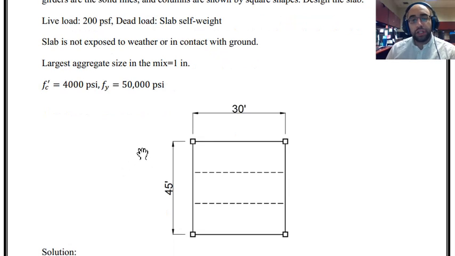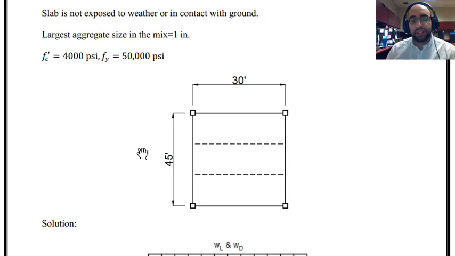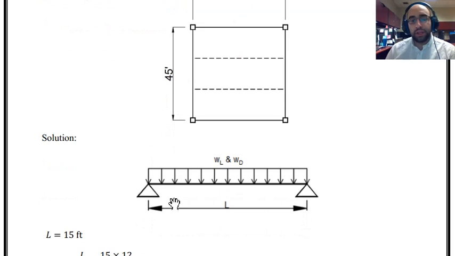So what I need to do at first is to understand the amount of demand that I have in this situation. So far, we learned that there are some analysis methods that we can use based on the ACI code. And in this example, I didn't use them. I considered the slab as a simply supported system, and that's why you can see over here I'm considering a simply supported beam.